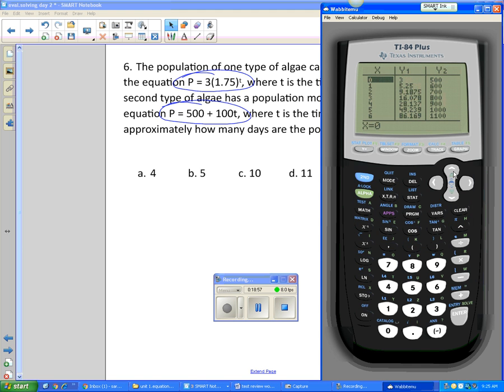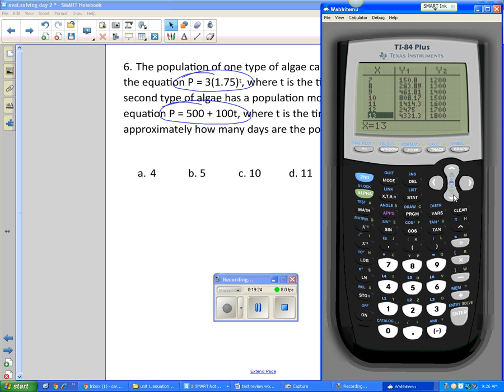All right, once again, what was the question asking? When are they what? Equal. So we want these 2 to be equal, and it did say approximately, so they just got to be close. So right here, is 3 close to 500? No. Okay, so let's go down. Right now, they're not close at all. Don't say the answer. Let people have time to look for it.